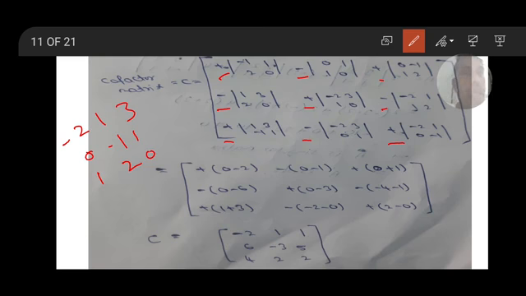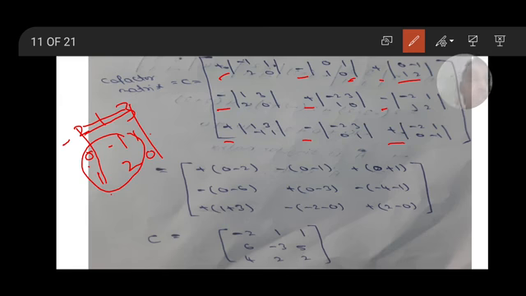So for the first one, remove its row and column, we get minus 1, 1, 2, 0. Next, removing first row and second column, we get 0, 1, 1, 0. Next, the third one, removing its row and column, we get 0, minus 1, 1, 2.